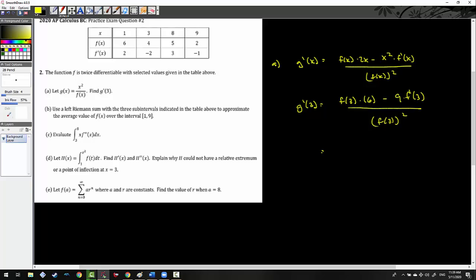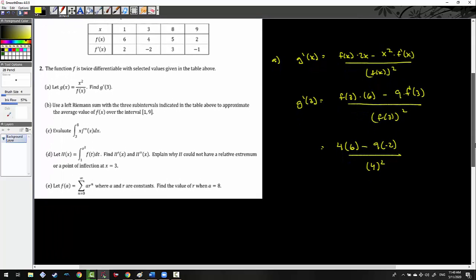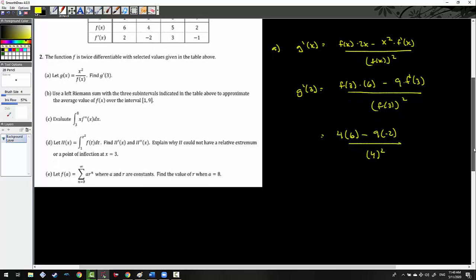And again, you can go ahead and not simplify anything if you don't want to. 4 times 6 minus 9 times negative 2 over 4 squared. And if you want to just leave it like that, go ahead. In fact, just to simulate the time, I will probably go and leave it like that. Hopefully no one's going to jump me for not simplifying the answer.